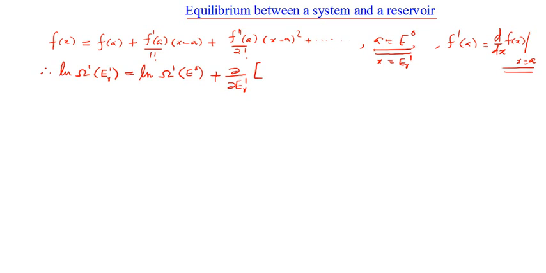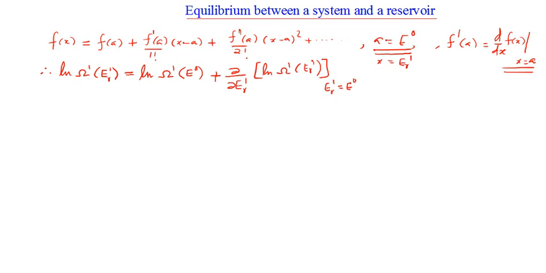What is the function f of x? F of x is on the left side, that is log of omega prime of er prime, and I should do this at x equal to a. So I am writing it at er prime equal to e naught, and e naught is our x equal to a.